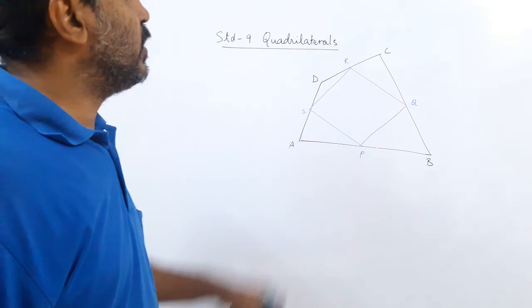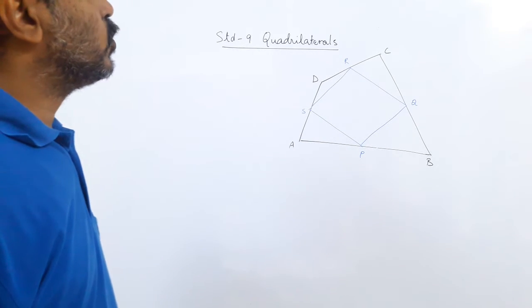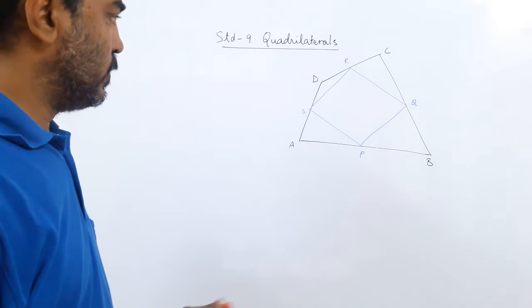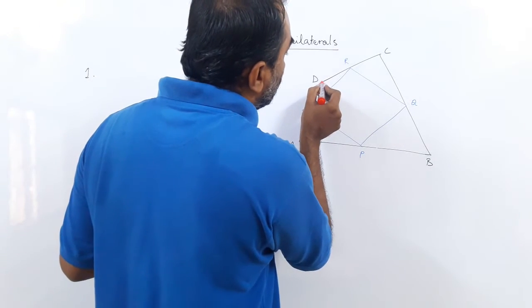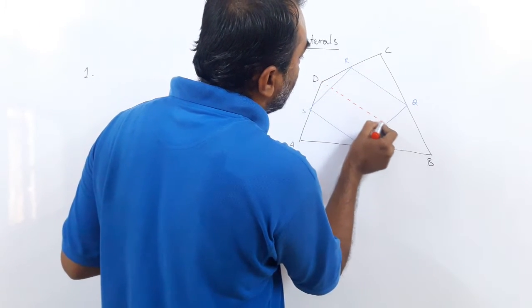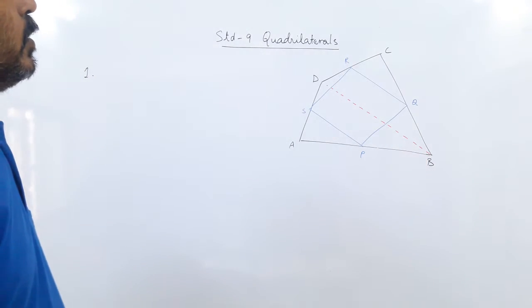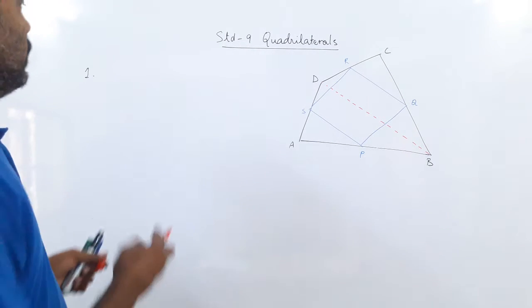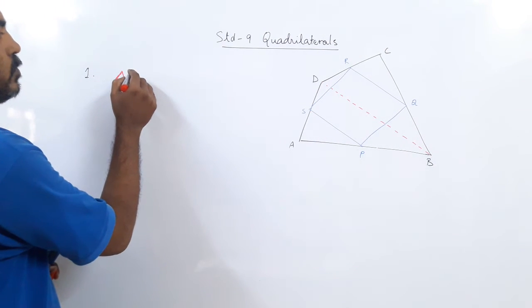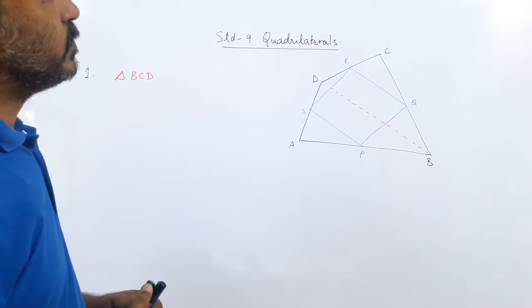So ABCD is a quadrilateral, but we still have to prove that PQRS is a parallelogram. So how do we prove that? Very simple. First you will join the diagonal BD. Now when you draw the diagonal BD, look at triangle BCD.